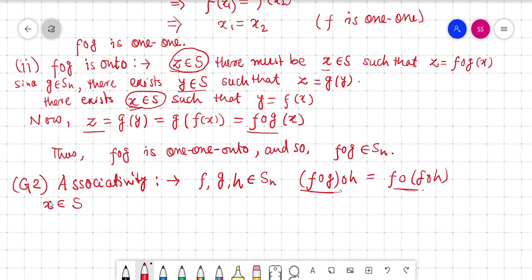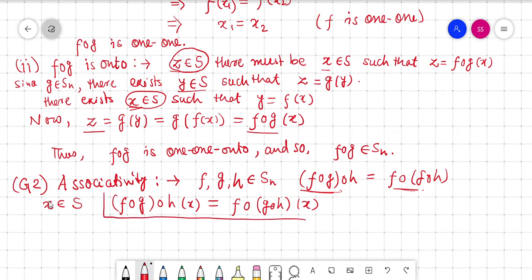So what we have to show is that F composition G composition H of X is equal to F composition G composition H of X. This one is our goal.